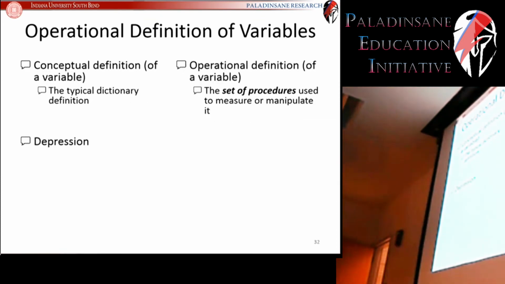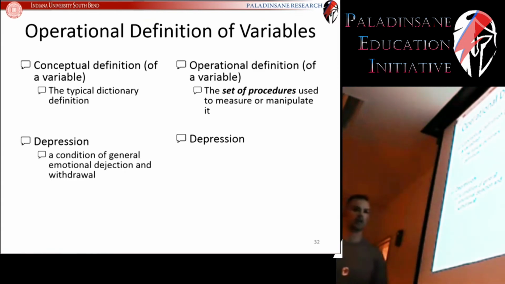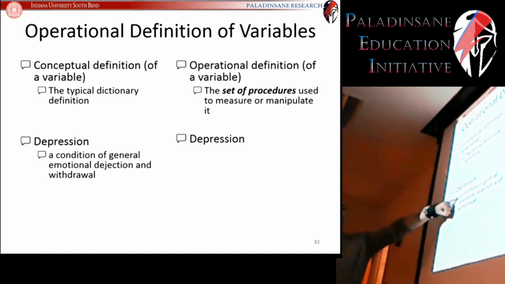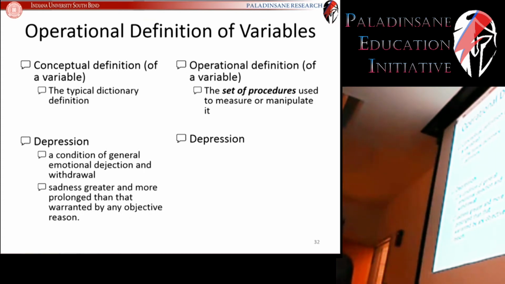So, for example, depression. There's a conceptual definition of depression and an operational definition of depression. The conceptual definition is a condition of general emotional dejection and withdrawal, sadness greater and more prolonged than that warranted by any objective reason.